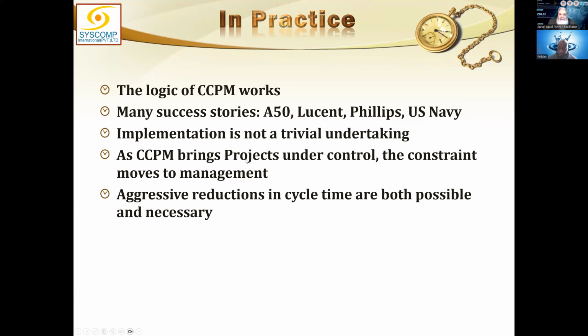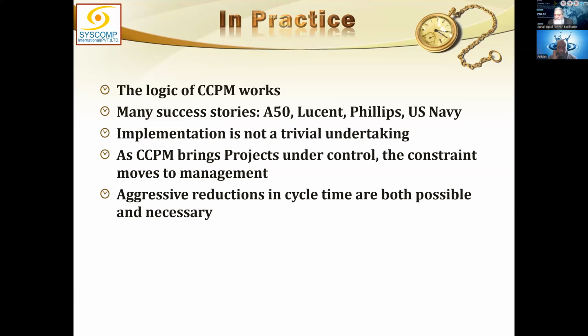As CCPM brings projects under control, and I would say under definite control, the constraint moves to management. Meaning, as the buffer moves to the project manager, the project manager exercises his or her power on the buffer. So they own it. They can take decisions about it.